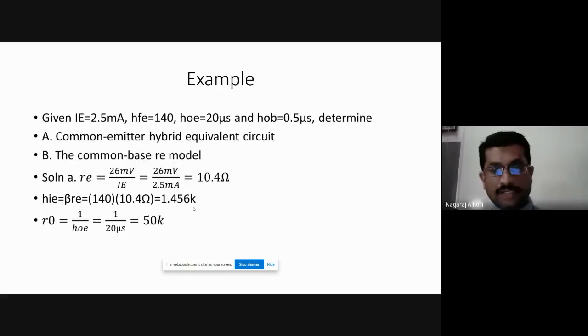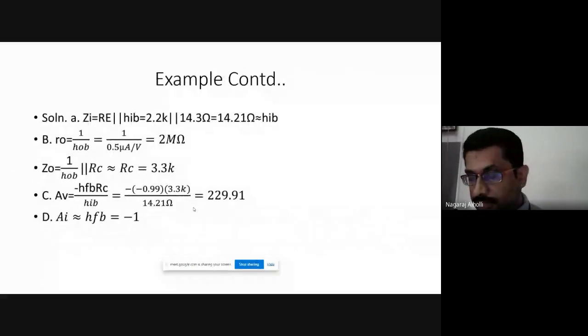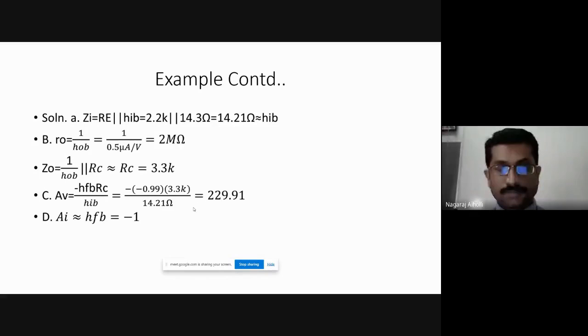Just verify your answers, how much you are getting? Beta RE. Beta is 140.